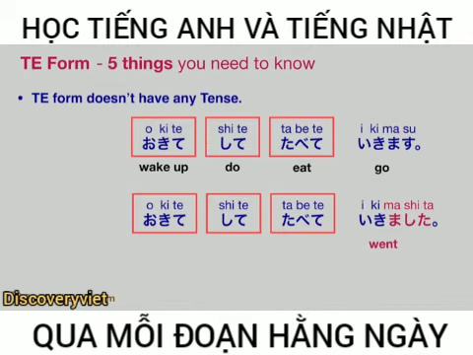Because of the verb 行きました at the end, now this entire sentence is in the past tense. So here the te form 起きて means woke up, not wake up. して means did. And 食べて means ate. Like this, te form doesn't have any tense. It is entirely influenced by the main verb that comes at the end of the sentence.